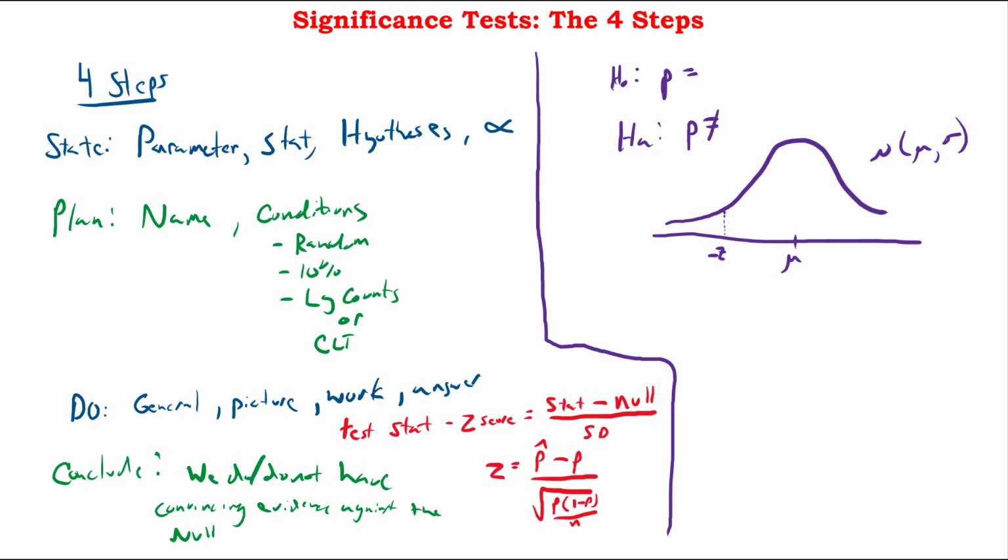But if it's not equal, not only do you have to find the area from that z-score less than, but also the positive value of that z-score. So let me put a dash line there, the positive value of that z-score, and shade this way.